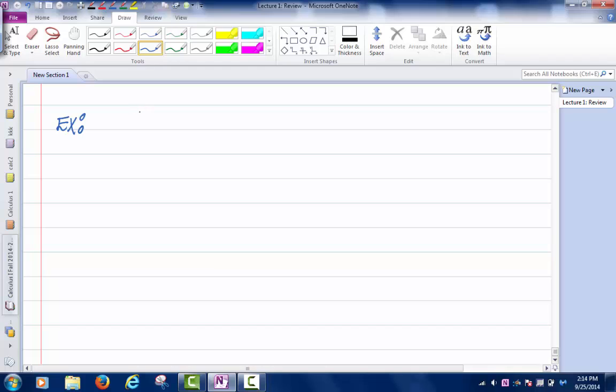So let's look at the function x plus 2 divided by x squared minus 5x plus 6. So let's say I have that. And I want to find the horizontal and vertical asymptotes.